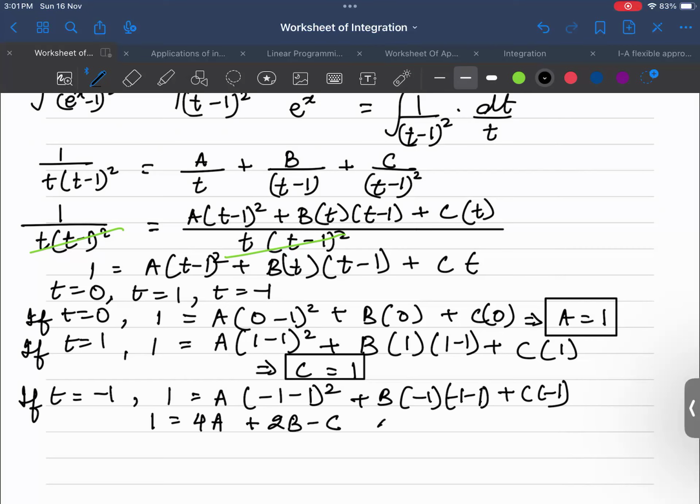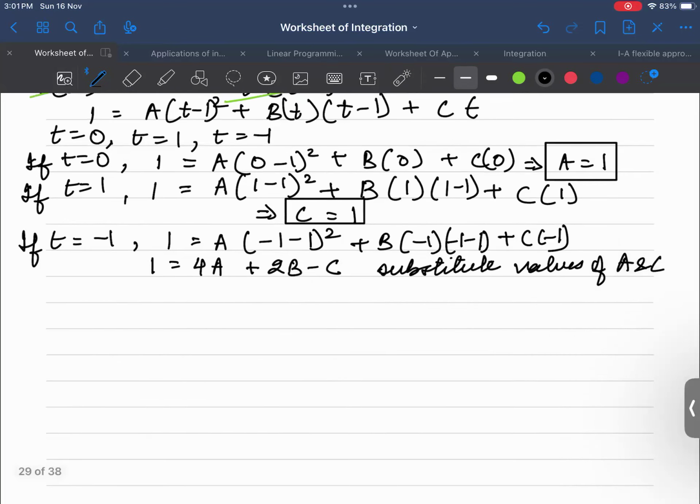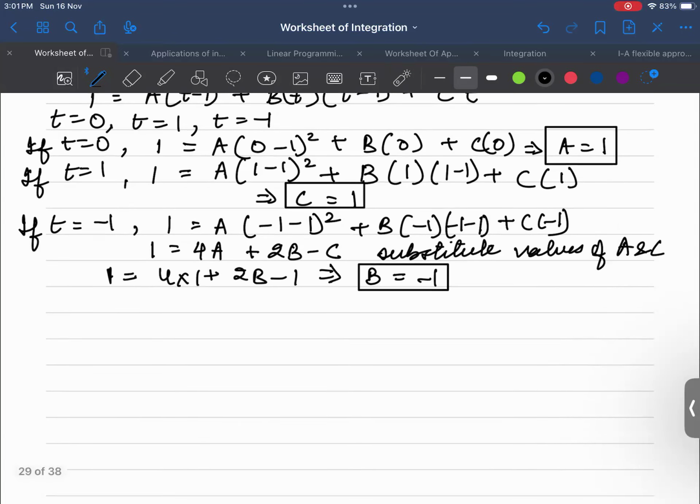Now we will substitute the values of a and c: 1 equals 4 into 1 plus 2b minus 1. We get the value of b to be minus 1.